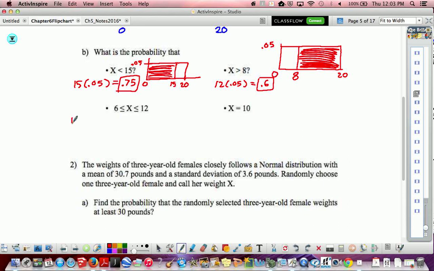Between 6 and 12. So 0, 20, 0.05. Now we're going from 6 out to 12. I'm looking at that area right there. So the base is 6, the height is 0.05, you get 0.3.